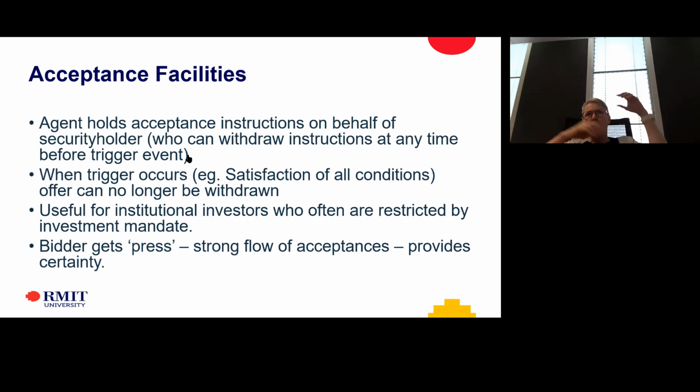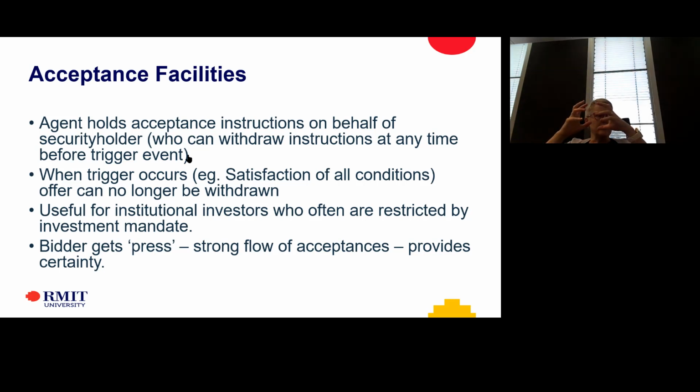So an agent generally holds the acceptance instructions on behalf of the security holder, and then when the trigger event occurs, so the completion of the offer period if it's unconditional, the completion of the satisfaction of the conditions otherwise, then the offers can no longer be withdrawn, and as a consequence, payment follows through. So the agency arrangement or the acceptance facility arrangements can be relatively complex to document from time to time.